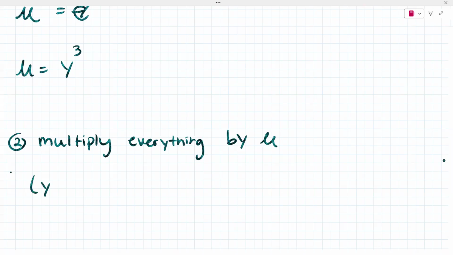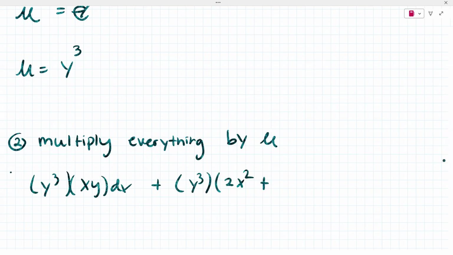So it's going to be y cubed times xy dx plus y cubed times 2x squared plus 3y squared minus 20 dy, and on the right, it's going to be y cubed times 0.